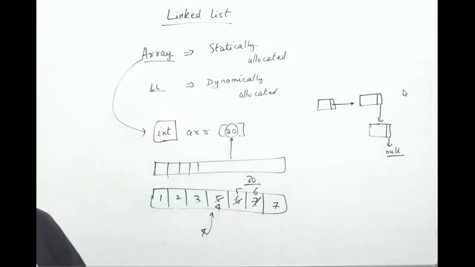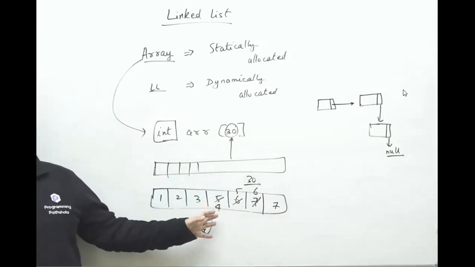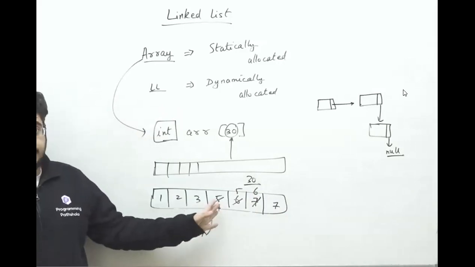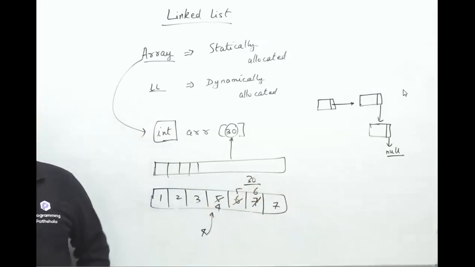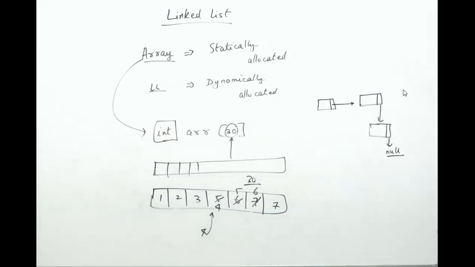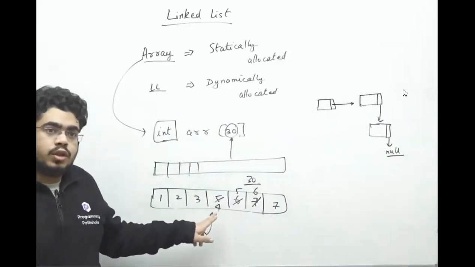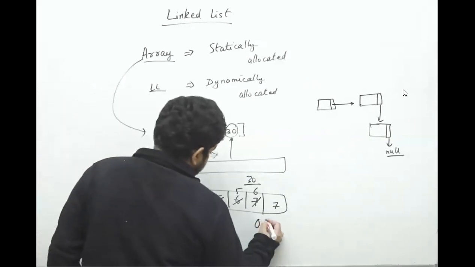If I want to insert somewhere in the middle, even though I know the location, I still can't, right? I will need to move everything ahead and then put it here. Everyone? So this operation, even though you know the memory, adding an element there takes O(n).